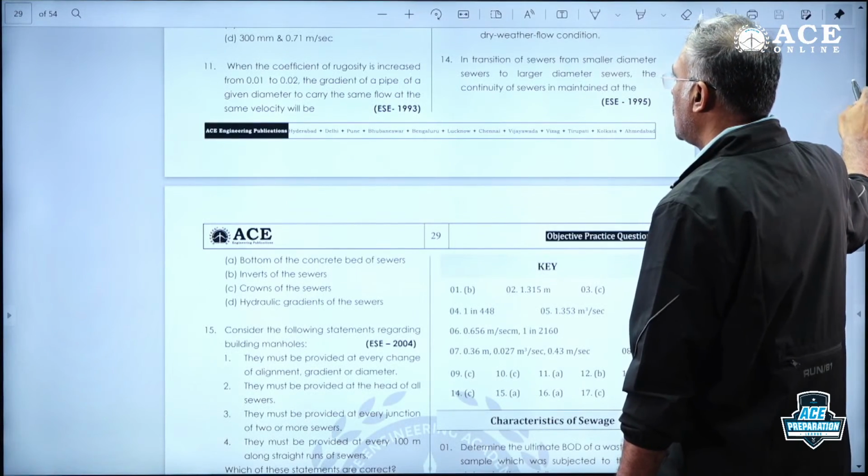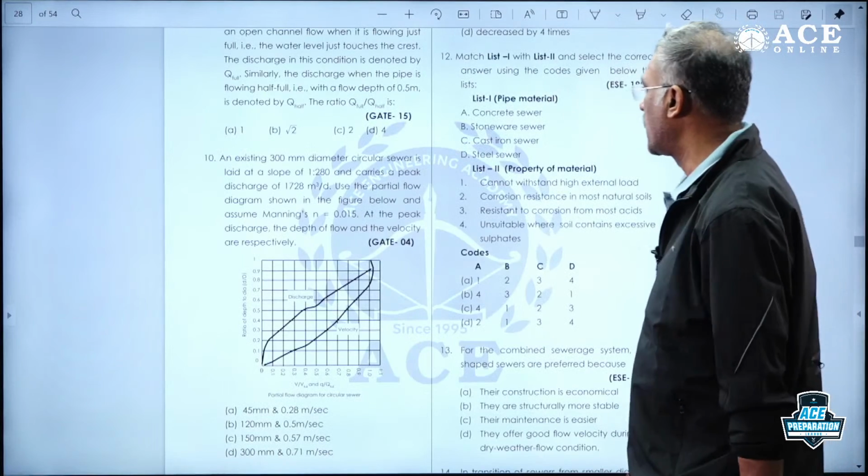The question could be like this. This is a GATE kind of question.